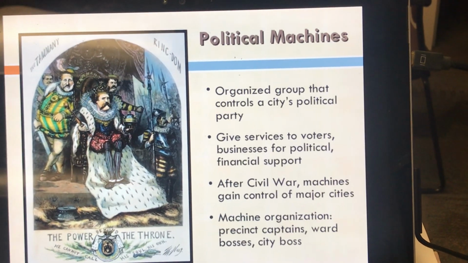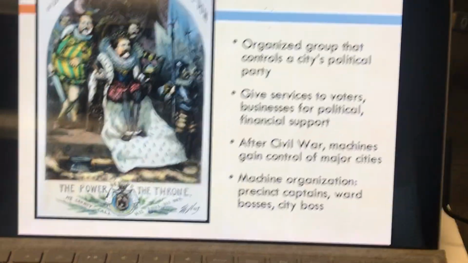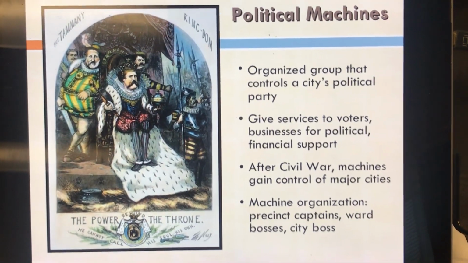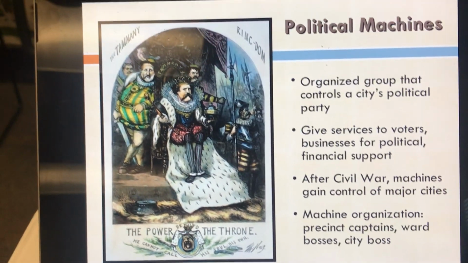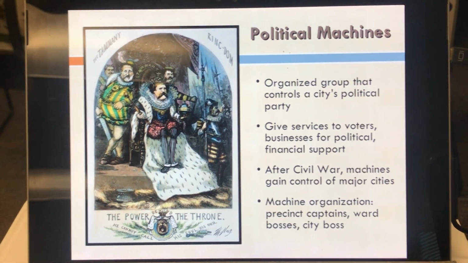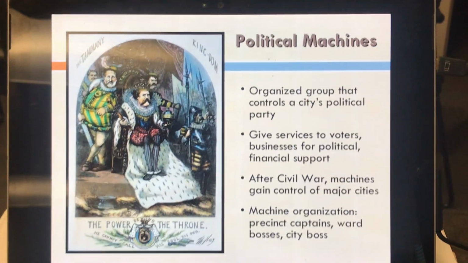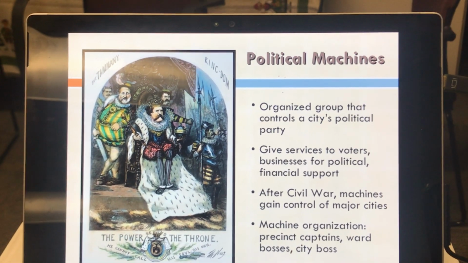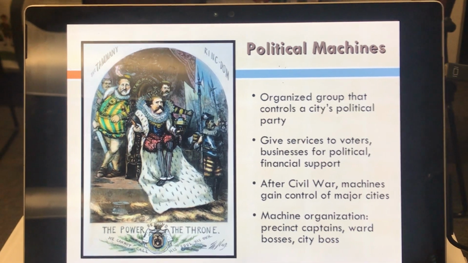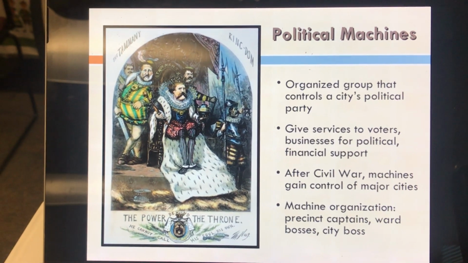This was also a time of political machines. Political machines were organized groups that controlled a city's political party. So what would happen is, especially in large cities or large counties, someone who had a lot of money and was able to amass a lot of power would control the politics of that area.